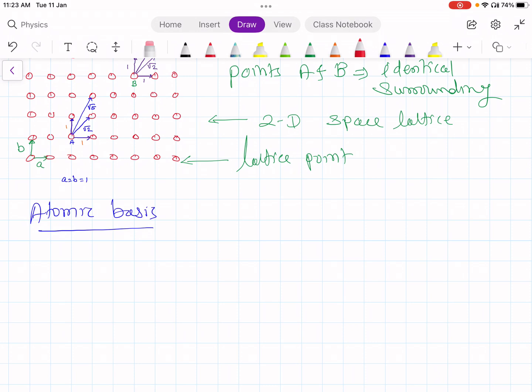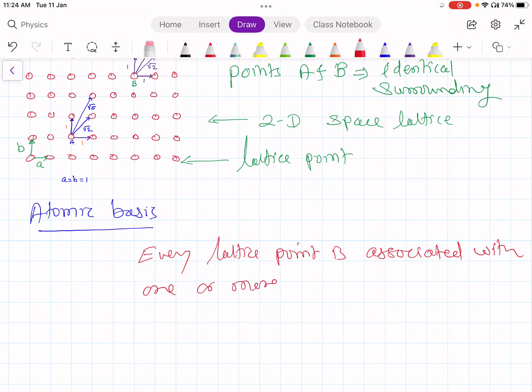According to this concept, every lattice point in the space lattice is associated with either one atom or more than one atom. Then that is called atomic basis.